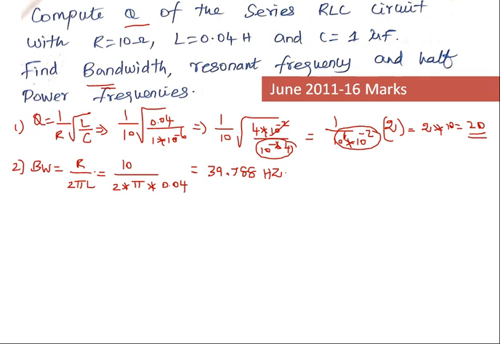What is the third question asked? The resonant frequency. The formula for resonant frequency is equal to 1 divided by 2 pi root LC, which is equal to 1 divided by 2 pi into root of 0.04 into capacitance value 1 microfarad, that is 10 power minus 6.